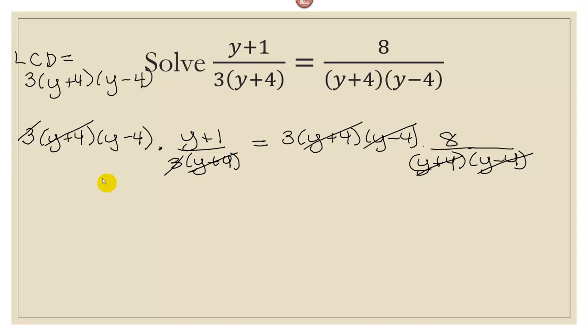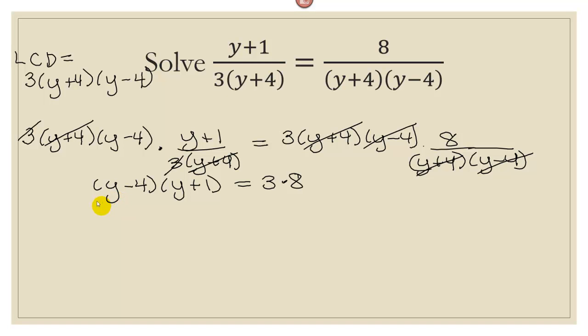Now let's rewrite this so it's a little bit easier to read. And I'm left with y minus 4 times y plus 1 on the left, and 3 times 8 on the right. Let's distribute and then ultimately solve this.